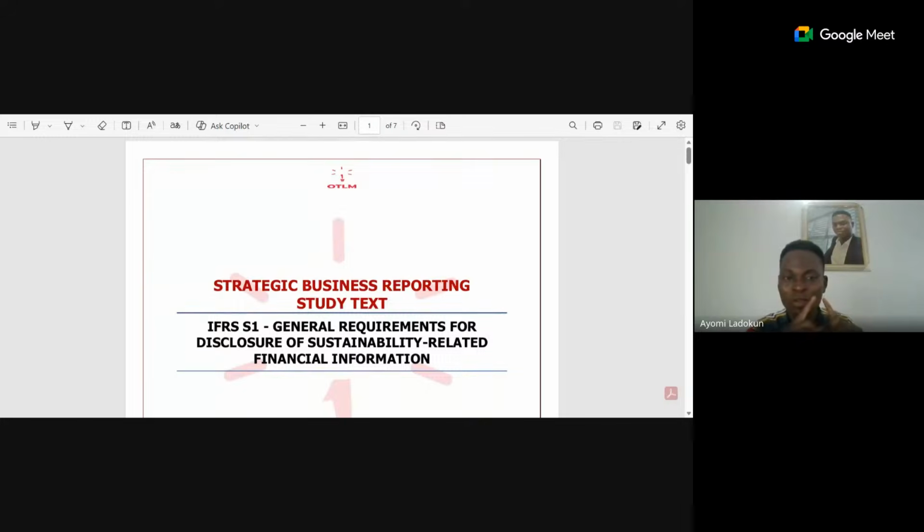It's very simple. You see, this IFRS S1 is like the IASB conceptual framework. It's not the actual standard that you can apply, right? IFRS S1 is providing guidance. That's why I call it general requirements for disclosure of sustainability-related financial information.